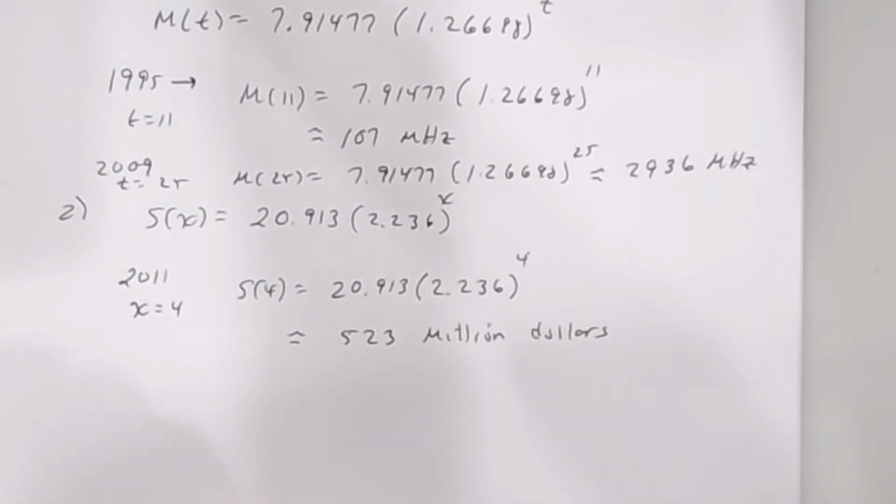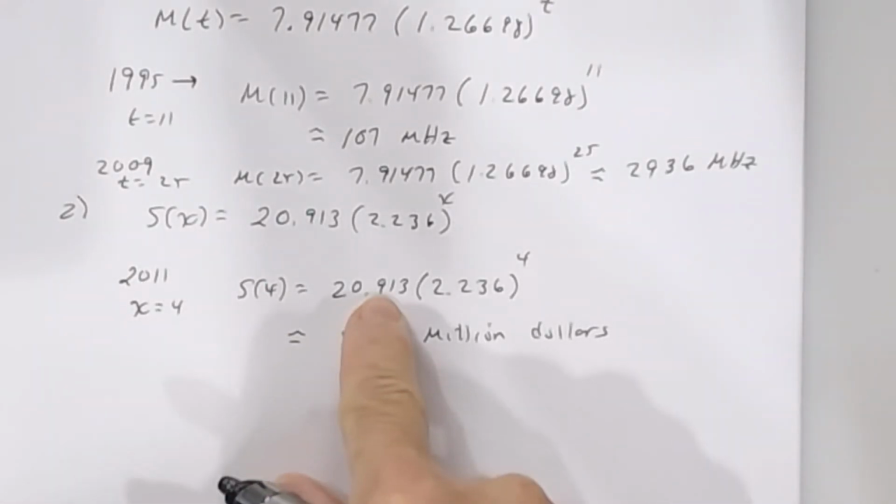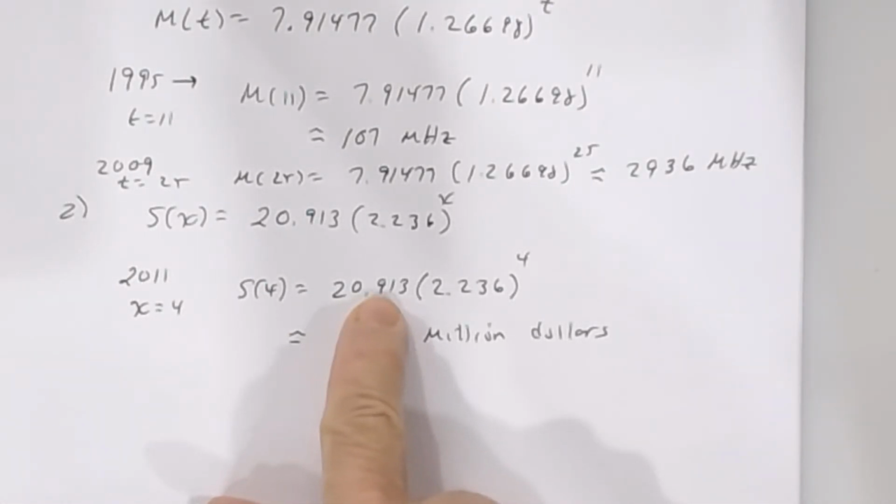Didn't the problem say that in 2008, what was the sales? 20 million. They just estimated 20 million. So this was the original sales in that year.